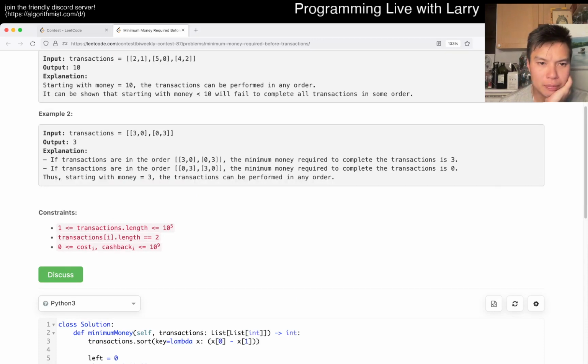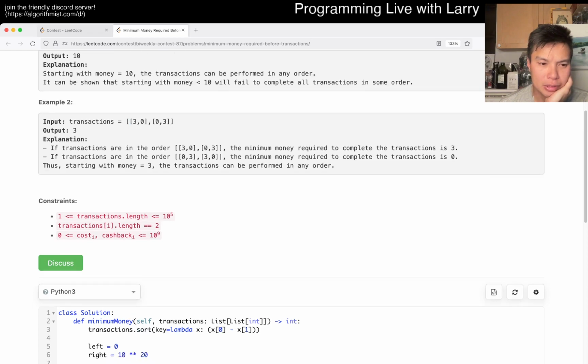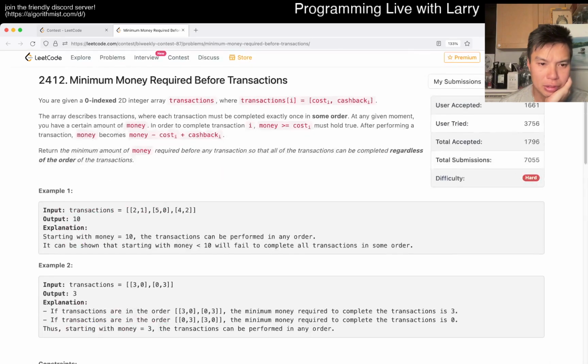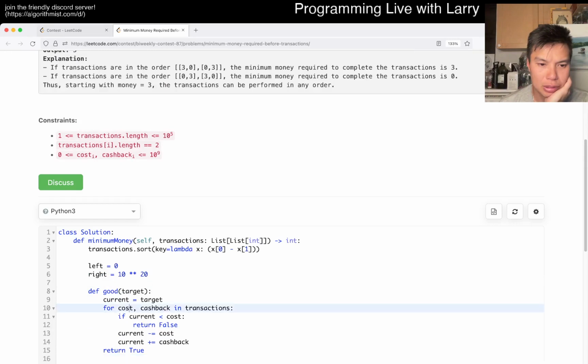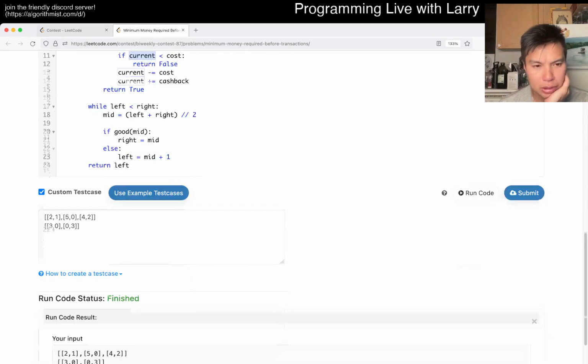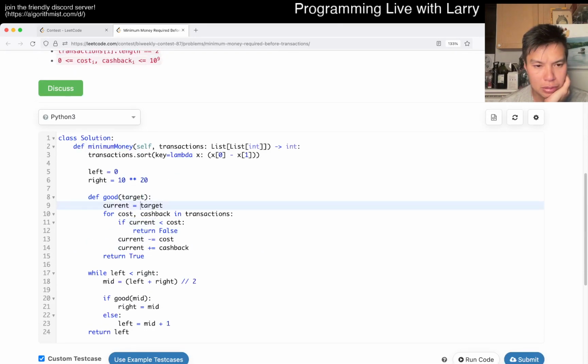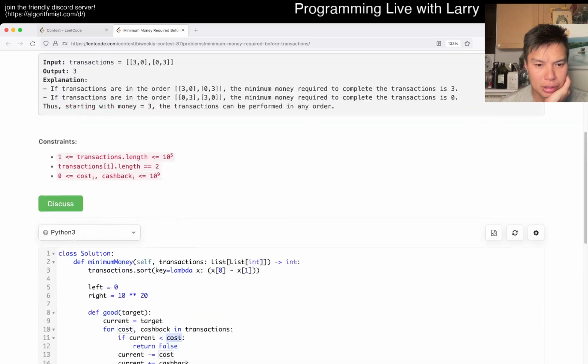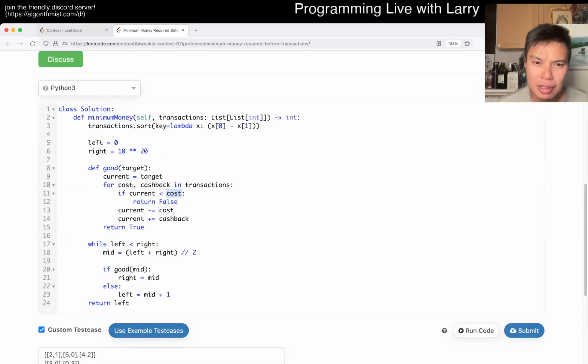So why is this working for 0? Cost for 0. It should already be false unless my sorted, that's sorted the other way.